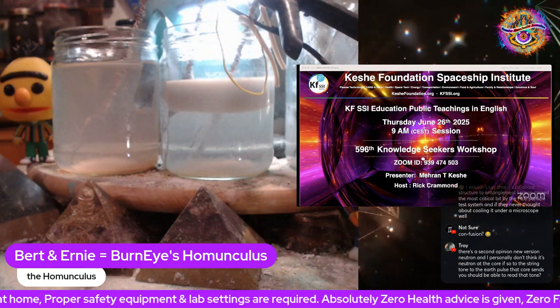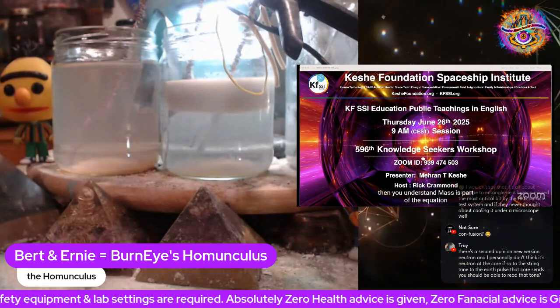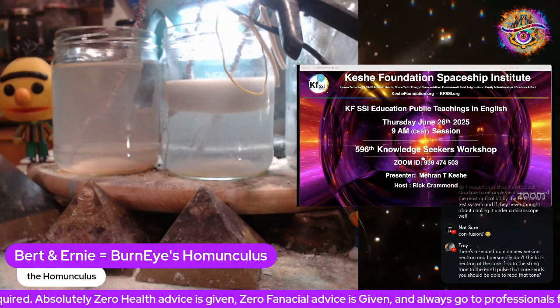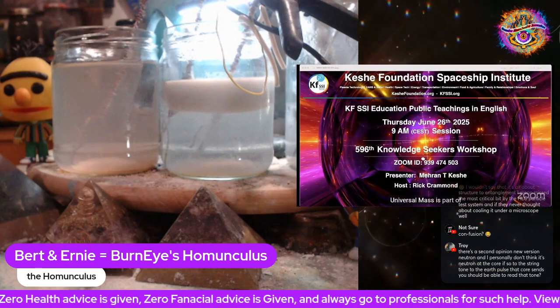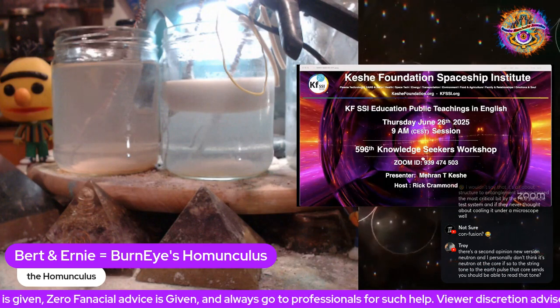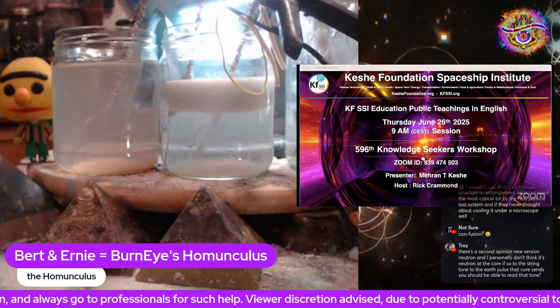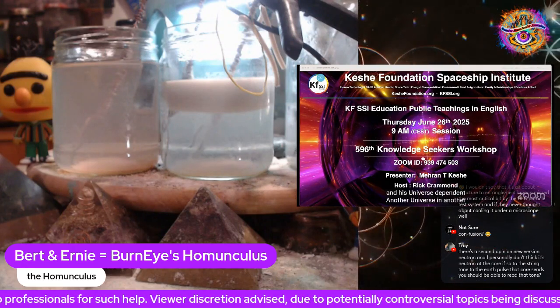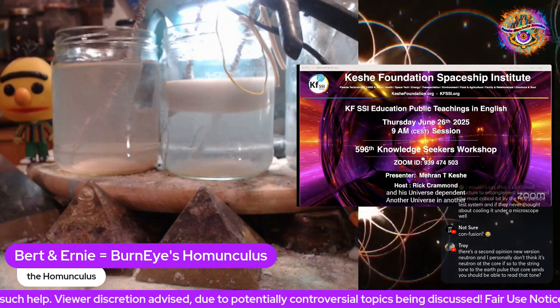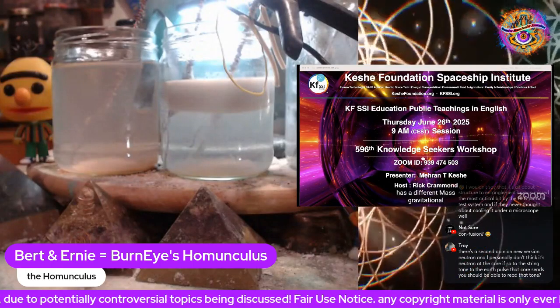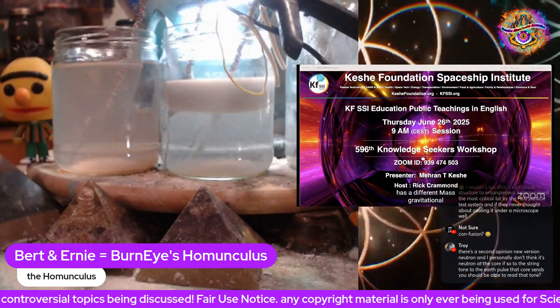And if you understand this, then you understand mass is part of the equation. Universal mass is part of the equation. And it's universe dependent. Another universe in another position has a different mass, gravitational, magnetic, plasma package.